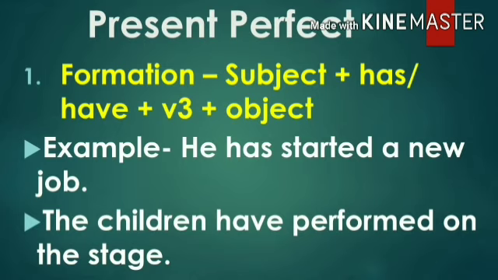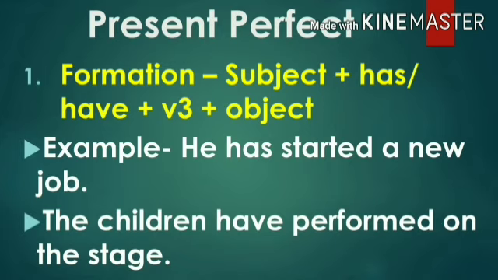Now you will think, what is V3? V3 refers to the past participle of a verb form. Example, go is the V1, went is V2, V2 means past form, and gone is V3, which means past participle.